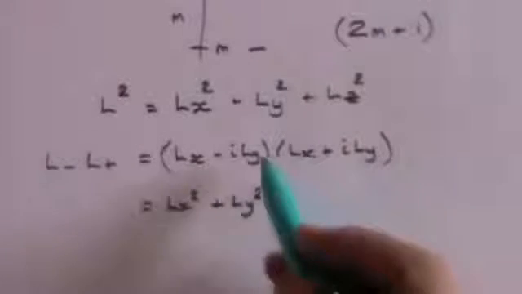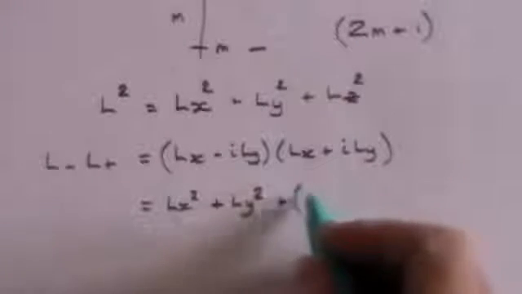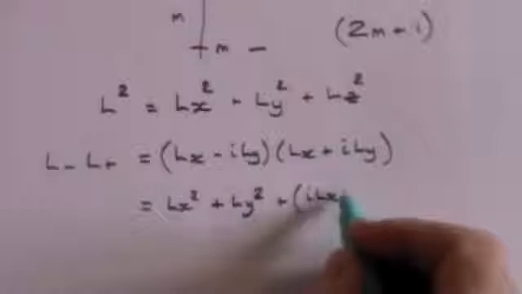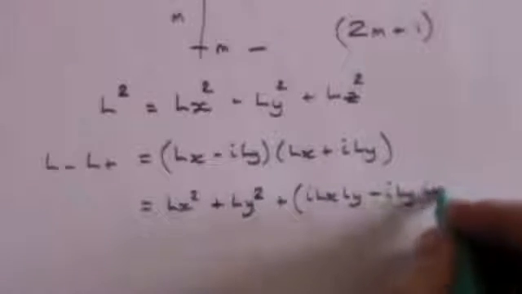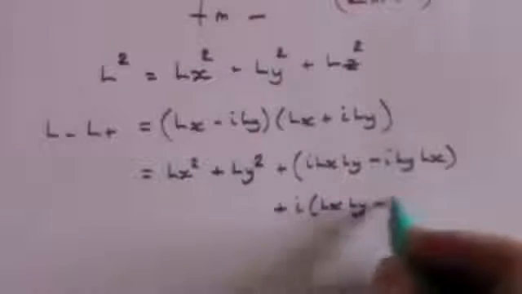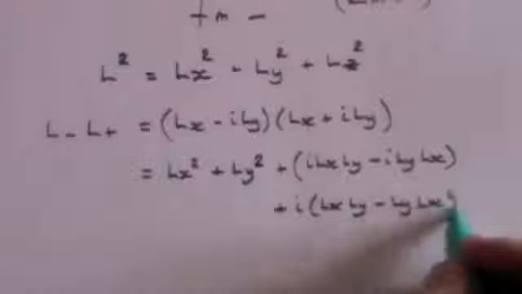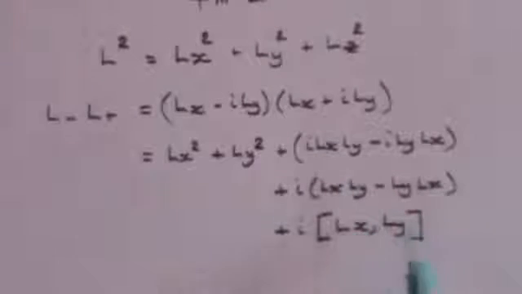And then these two terms together will give you plus ILx Ly minus ILy Lx. And this term here is simply plus I into Lx Ly minus Ly Lx, which is I into the commutator of Lx with Ly, because that's what that is, that's the commutator.